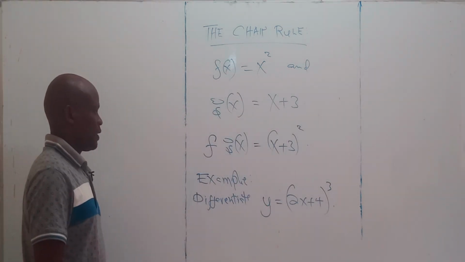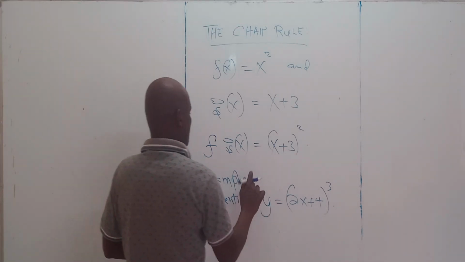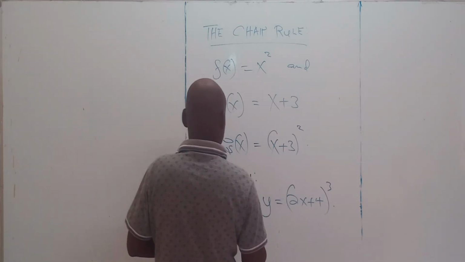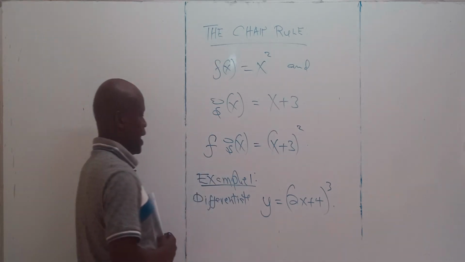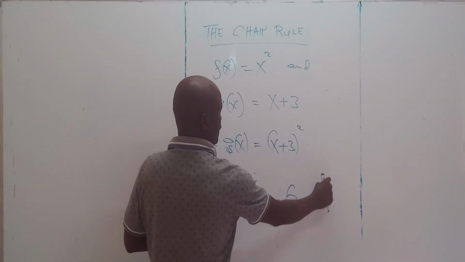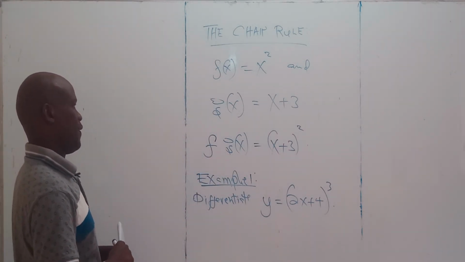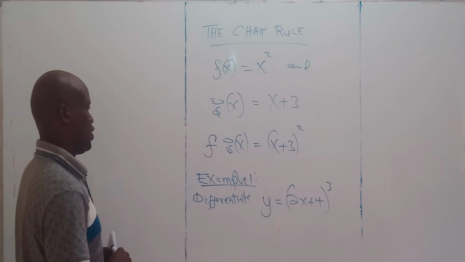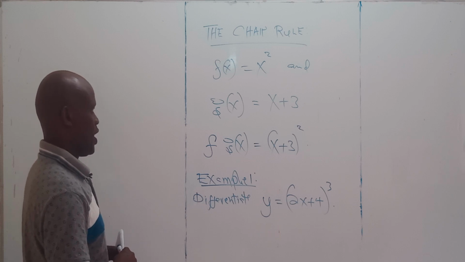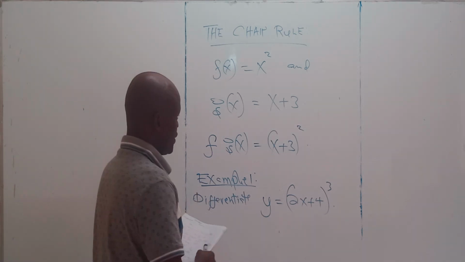So let me call this example 1. Suppose you are asked, differentiate y is equal to 2x plus 4 cubed. Then this is the case where you need the chain rule. And let me state the chain rule now without having to derive.